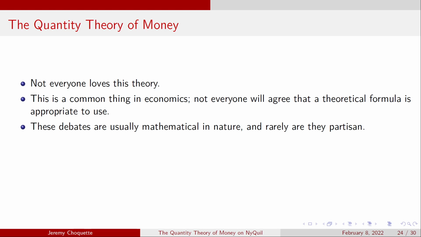It's not always a partisan thing. Now, there are predictable sides. If you were to pick a side like, well, the government shouldn't be spending any more money on stimulus through the pandemic, who do you think would be saying that? It's pretty obvious.